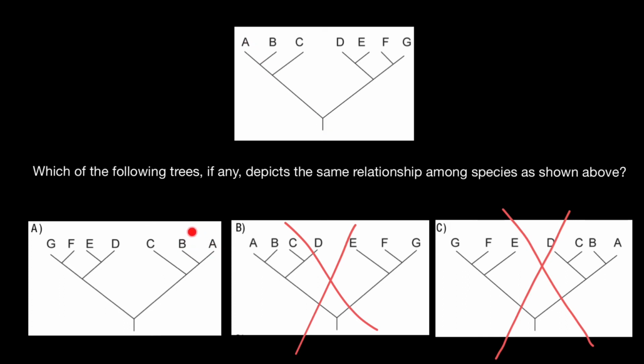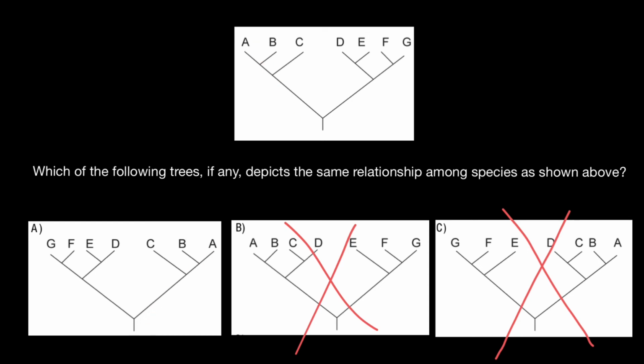Species A and B have a recent common ancestor. They are sister species, and species C relates to them just like in this picture. So they branched earlier in time from species B and A, but they are on the same branch.